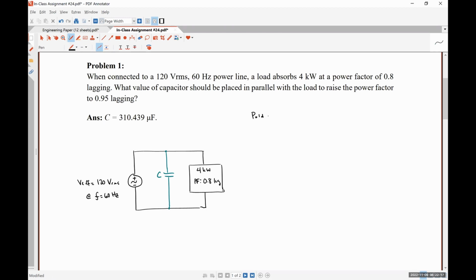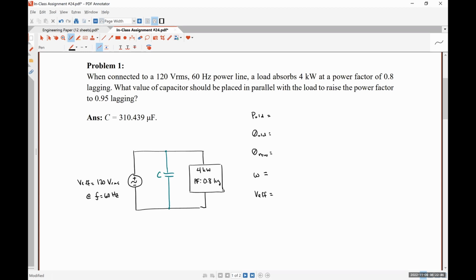We need to know P old, theta old, theta new, our angular frequency omega, and our effective voltage. If we can get those 5 pieces of information, we can just plug that into our equation and call it a day.